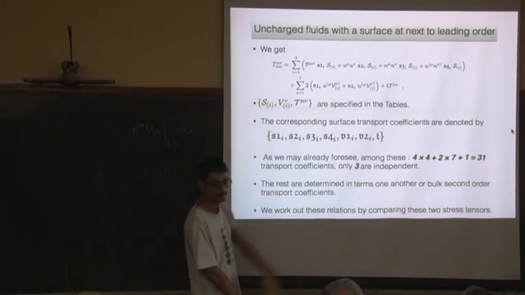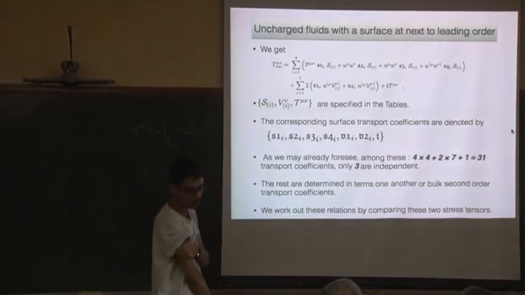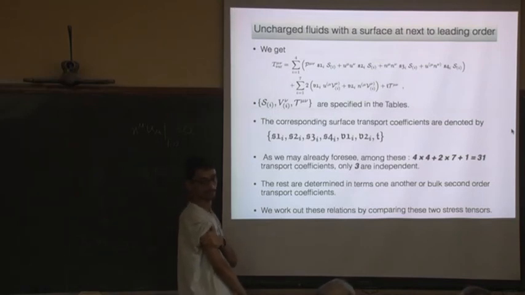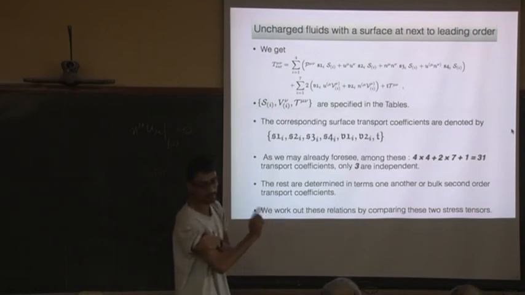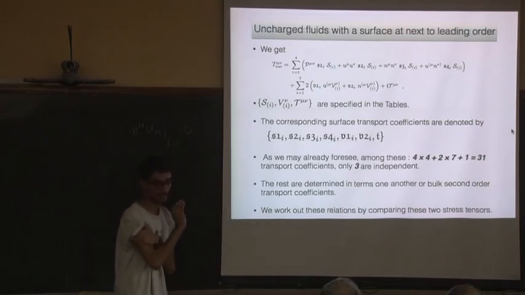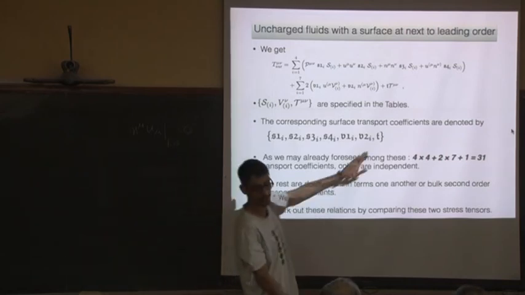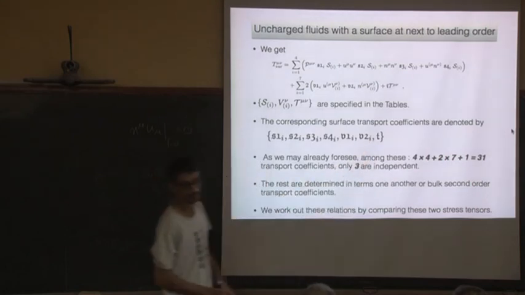So at the next to leading order, where in the bulk normally with rotational invariance you just get the shear and bulk viscosity, here you get 31 at the surface. That's quite a lot. But we know that in the partition function analysis we had 3. So we should expect 28 relations when we compare them.